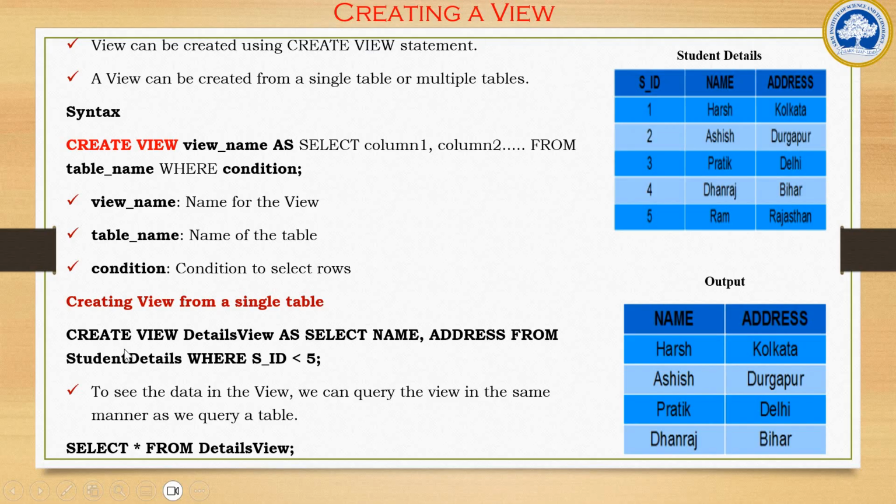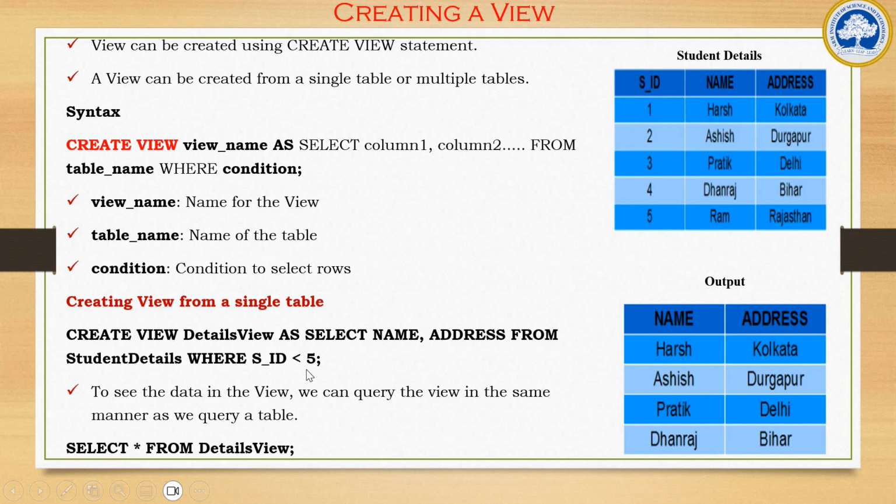I'm selecting the name and address columns, but I don't want all the entries, so I'm filtering with a condition: the student ID must be less than 5. That means I don't want all the records from this table. I want only 4 records, student ID 1, 2, 3, 4 alone. So I'm setting the condition.